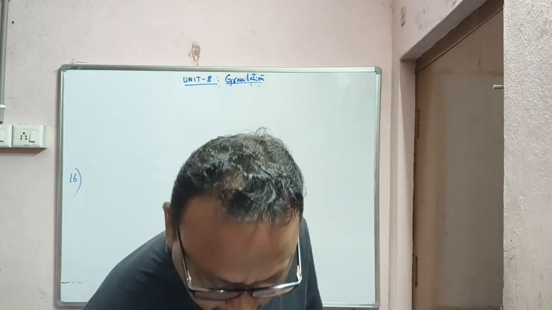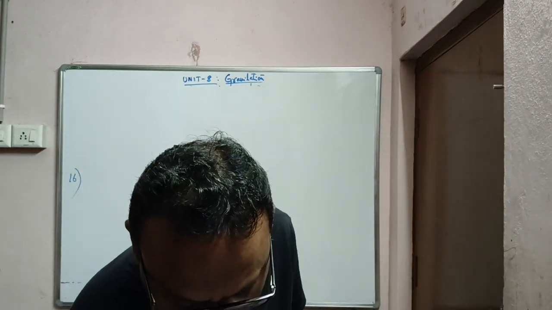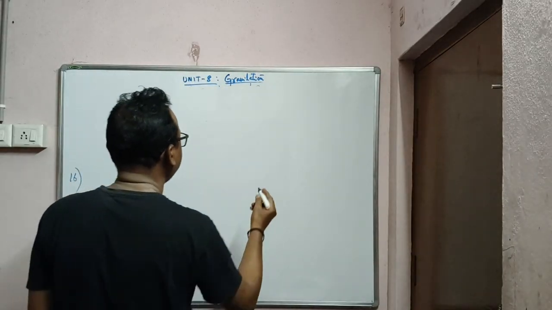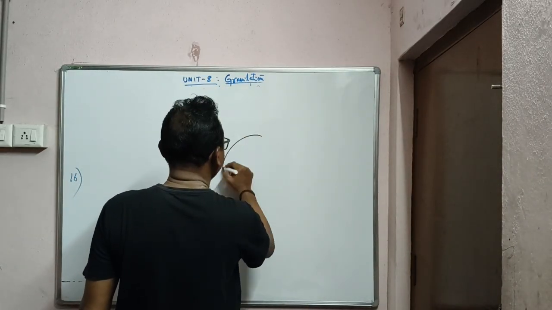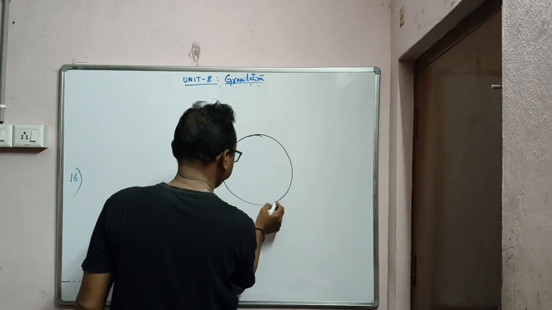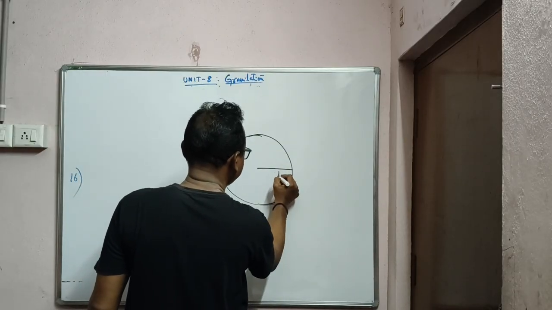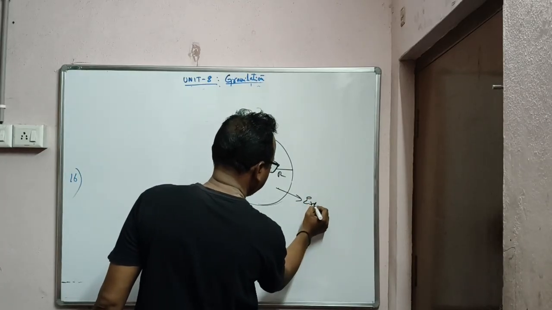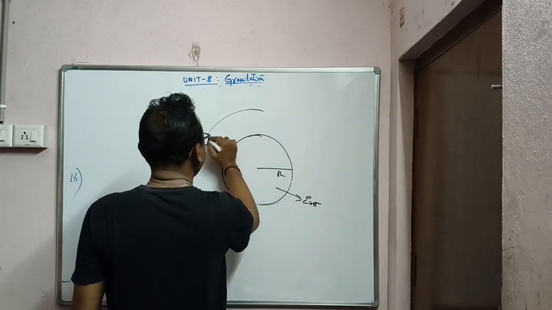Derive the equation for time period of a satellite orbiting very near. Okay, I'll draw the figure for you. This is the Earth surface. Let this be the radius, capital R, of the earth. Now here suppose the satellite is very near.